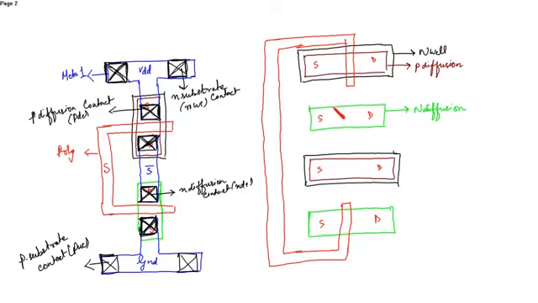Okay, now these two are connected. So this is S bar and this is S. So this S bar is connected directly over here.